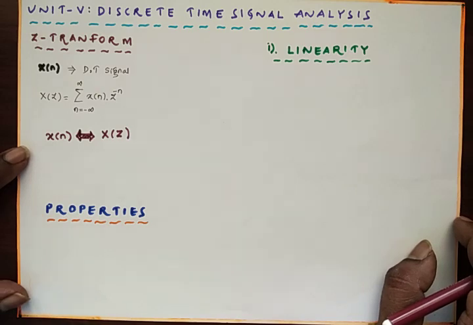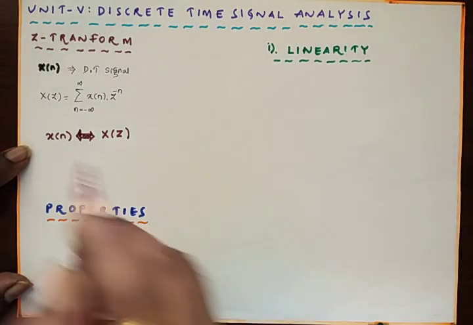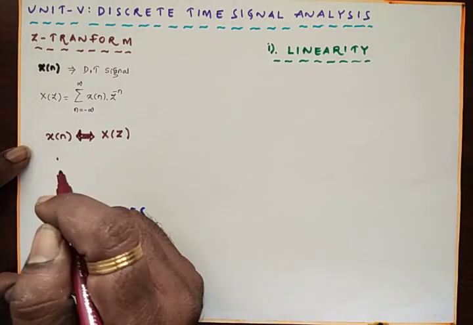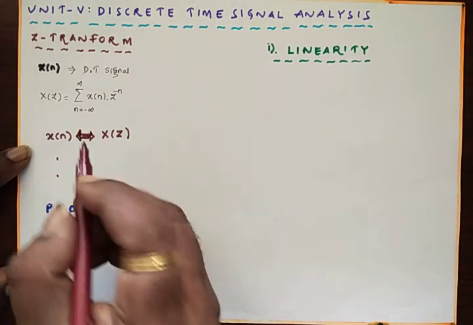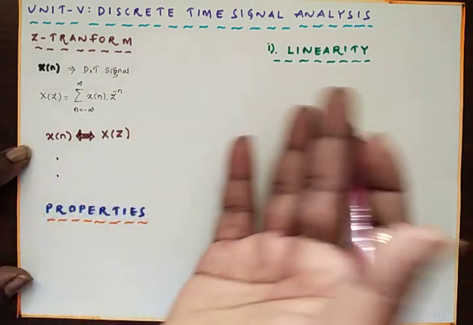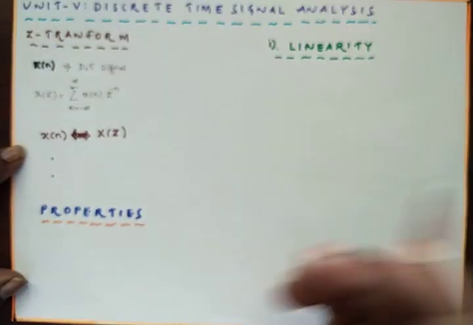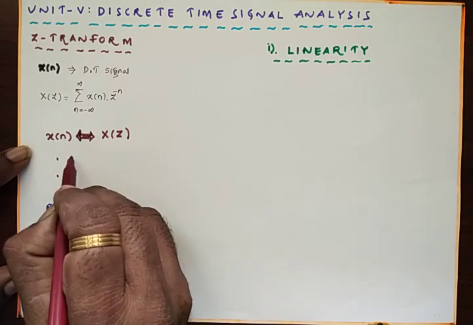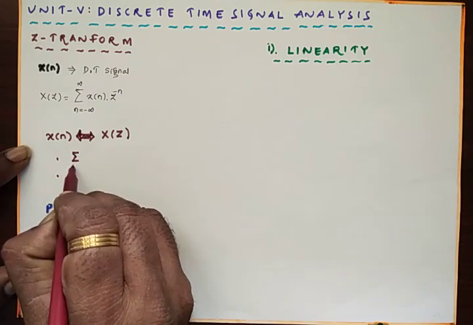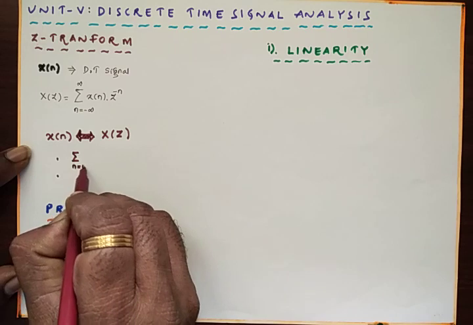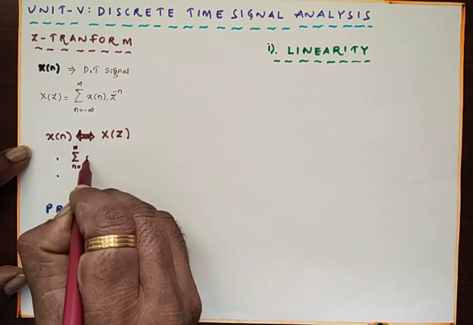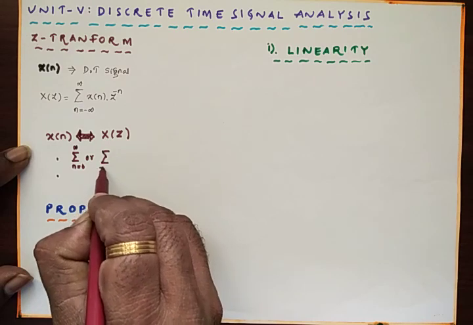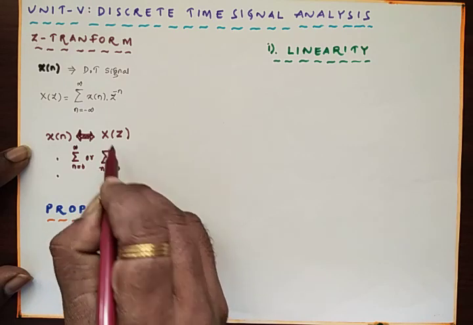In the previous class I explained there are two types of Z transforms: one is unilateral, another one is bilateral. Unilateral means we can have the signal either left sided or right sided. That means we can have the formula sigma n equals 0 to infinity, or n equals minus infinity to 0.